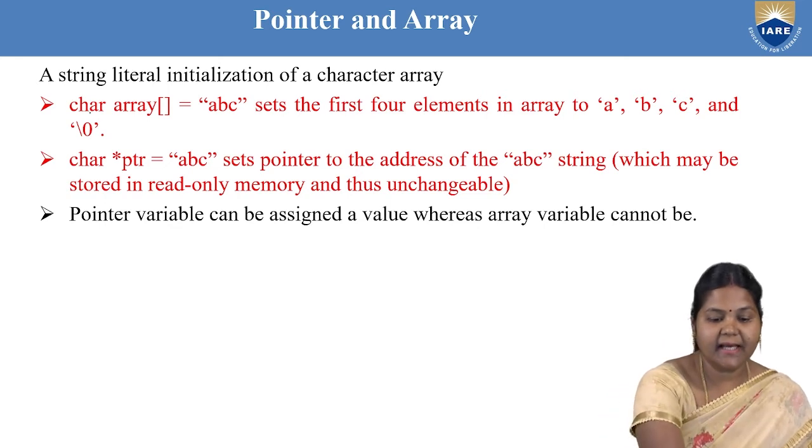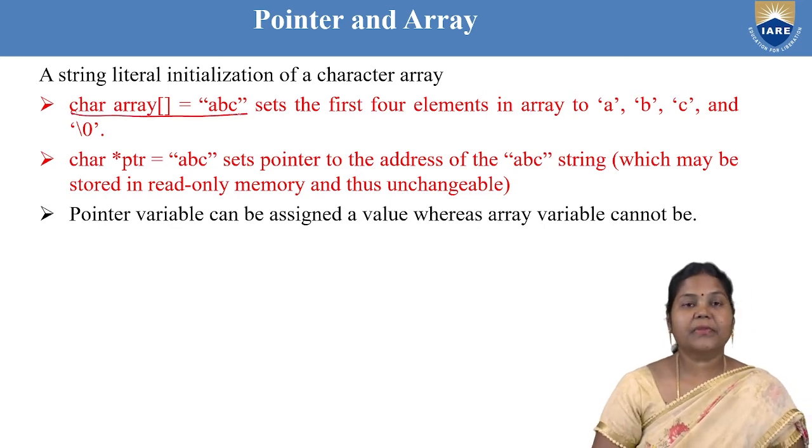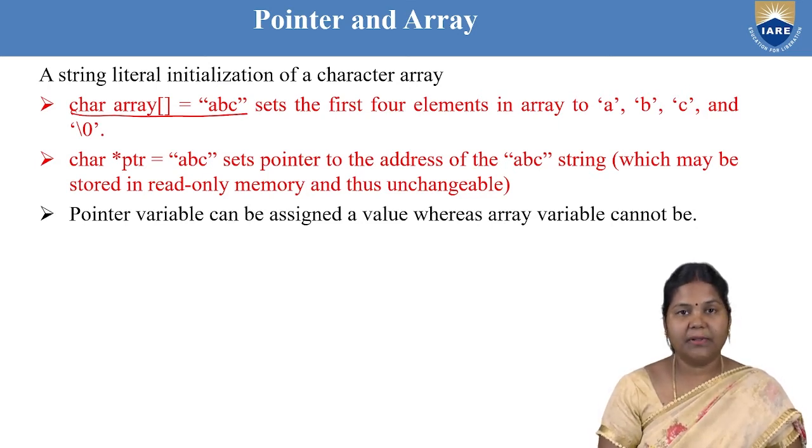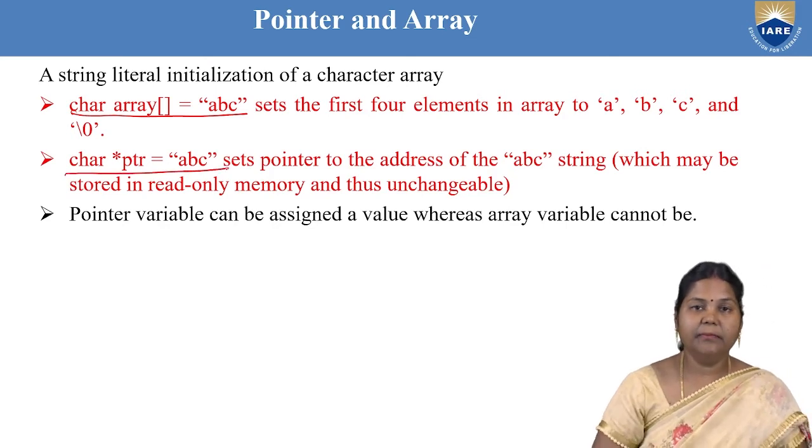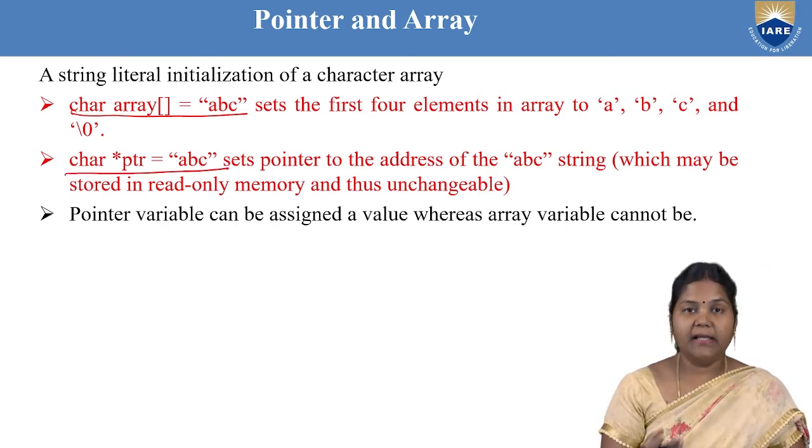Suppose there is a character array equal to "ABC", where ABC is a string. That means the character array contains 4 elements: A, B, C and the null character. Now, if you refer to this, the same thing we can write. That means the array itself contains its own address. The array itself works as a pointer.